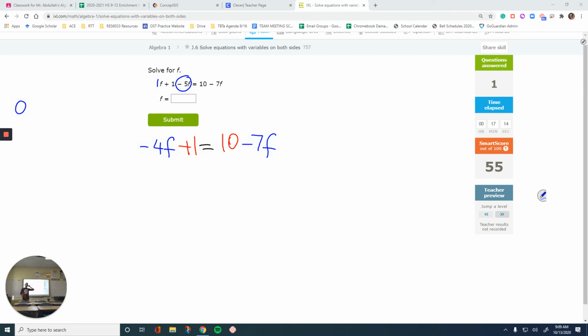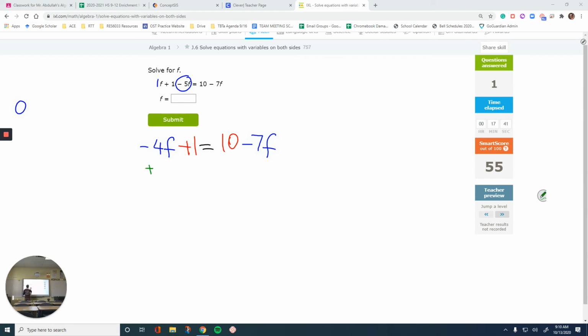Again, I want to deal with the variables first so that I have positive variables, because in my last step, I don't want to divide each side by a negative. Because whatever number you have in front of the variable, you're going to divide your equation by that number in the end. So, negative 4, negative 7. Let's just do trial and error. I don't need to, but I just want to show you how to end up with a positive variable.